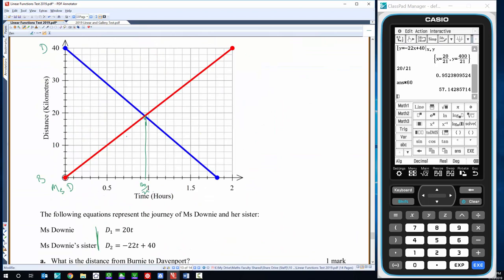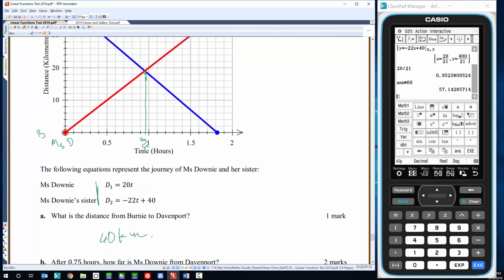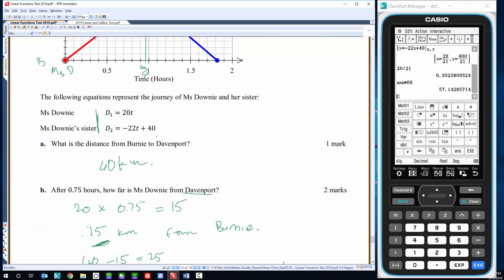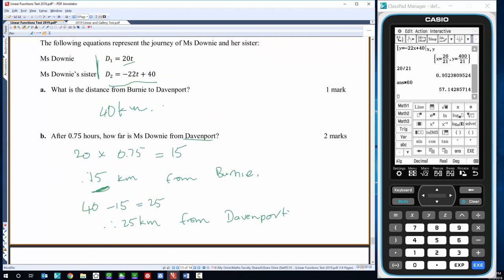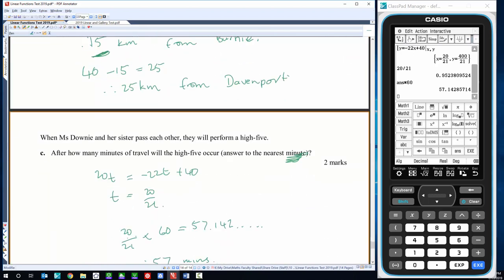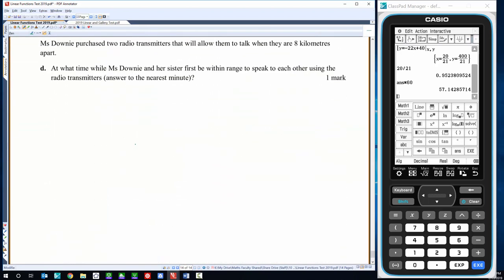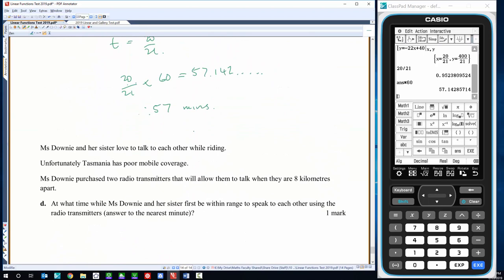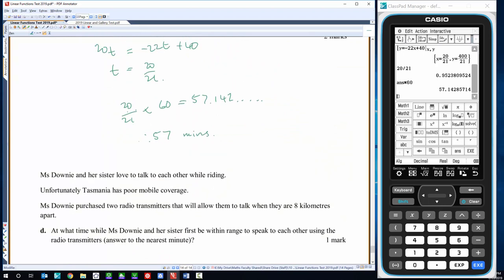Okay, so the first time that occurs is, I don't know, somewhere around here where the distance between these two lines is 8Ks. That is, I want to know when this line here subtract this line here is equal to 8. So what we're going to do is take Ms. Downey's sister's equation, remove Ms. Downey's equation, and let it be equal to 8. It's very similar to solving simultaneous equations, except when we did that, we wanted the difference to be 0.